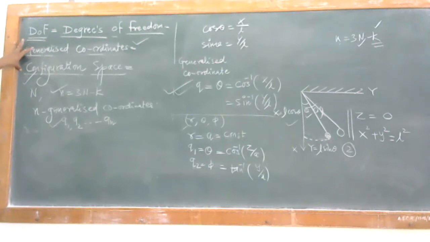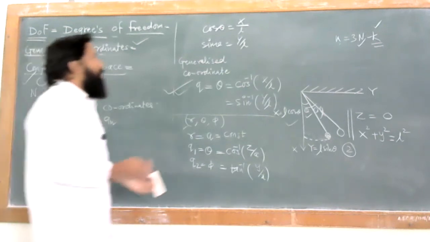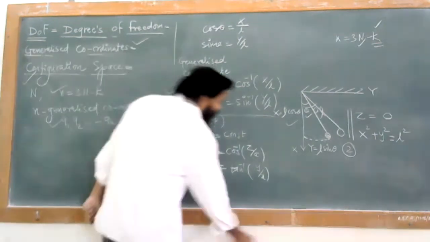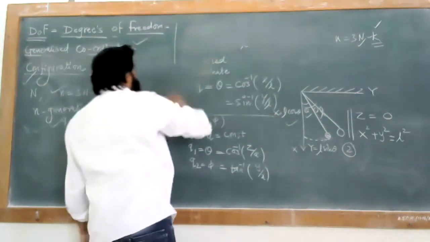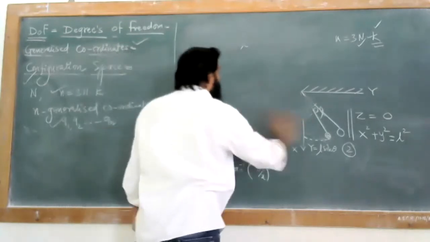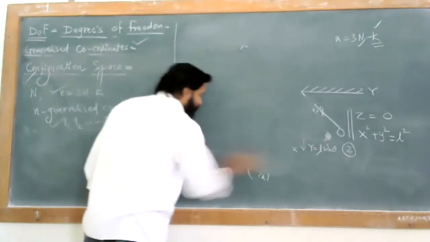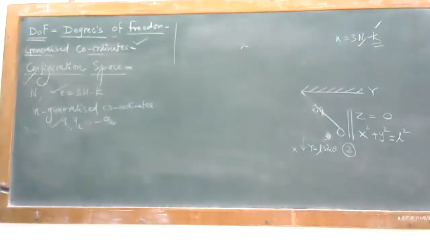Now we'll have one more important point, and that is the principle of virtual work, also called D'Alembert's principle. Our real chapter starts from here onwards. Remember the basic conditions.